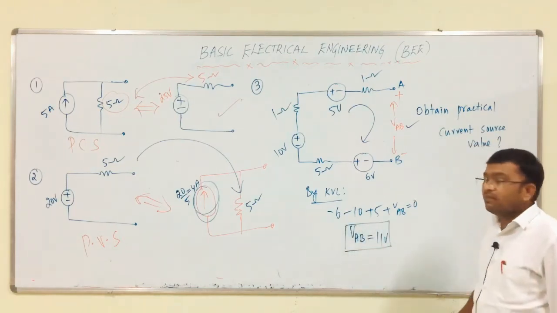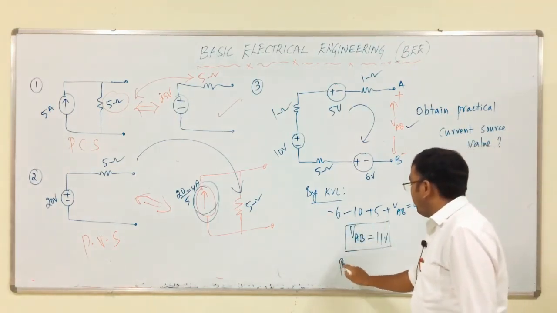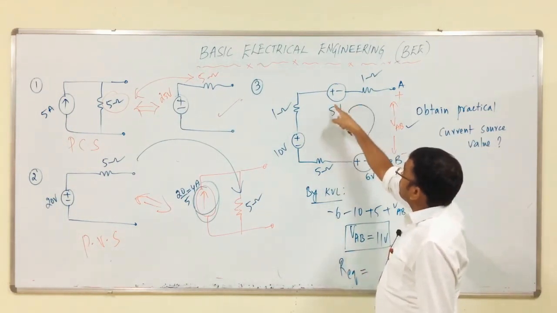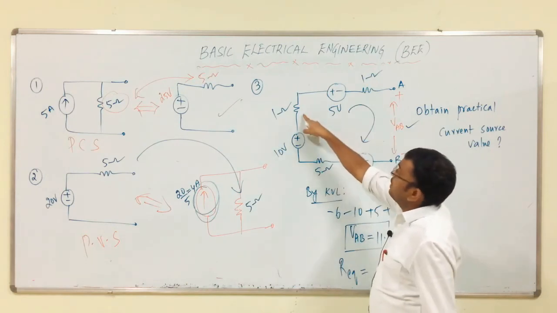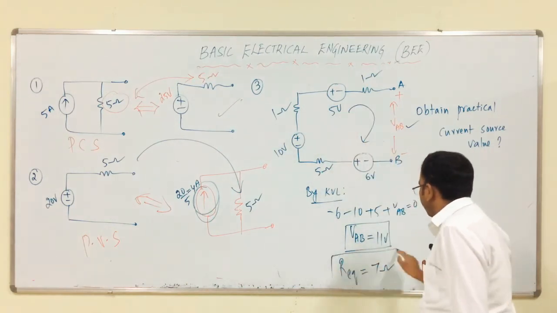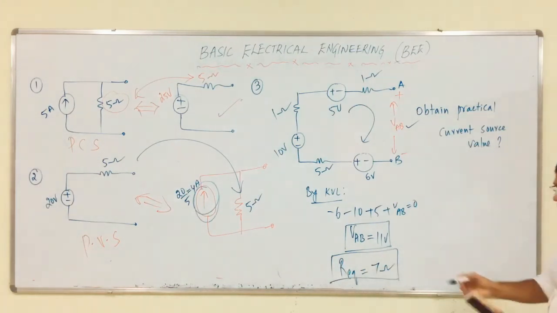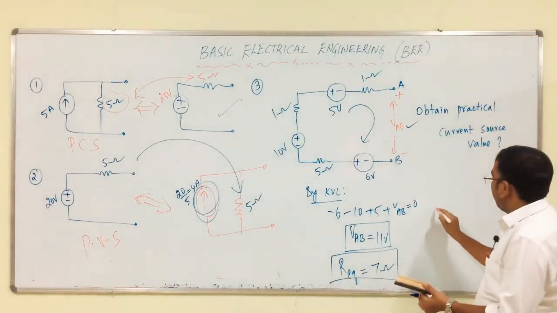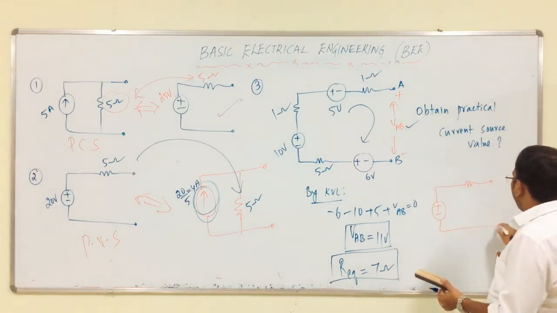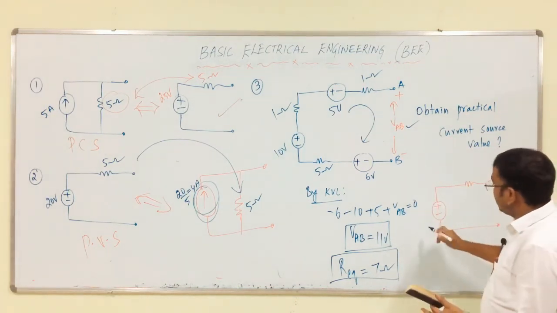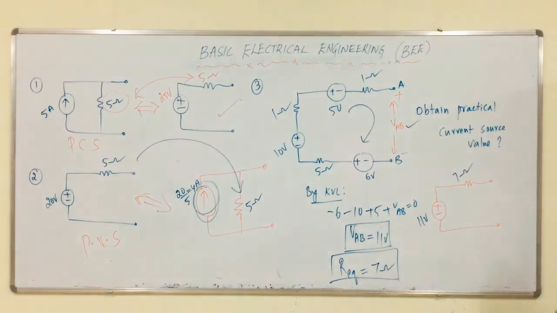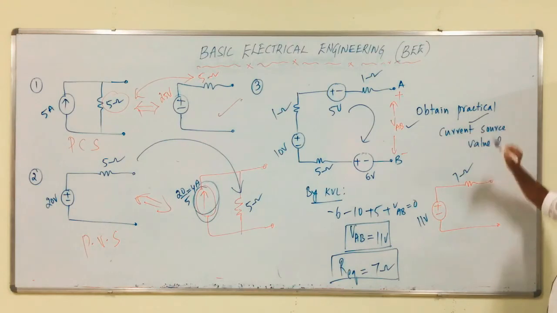The voltage source is 11. Then we have to calculate R equivalent. All are connected in series, so 1 plus 5 is 6, plus 1, 7 ohms. So, from this data we have a practical voltage source, 11 volts with 7 ohms, but he wants the practical current source value.